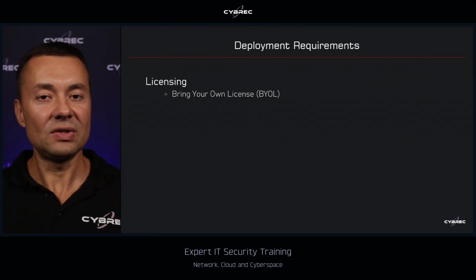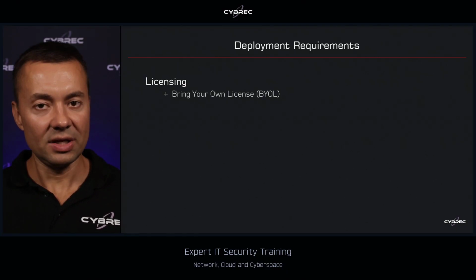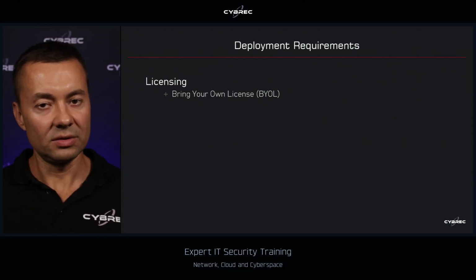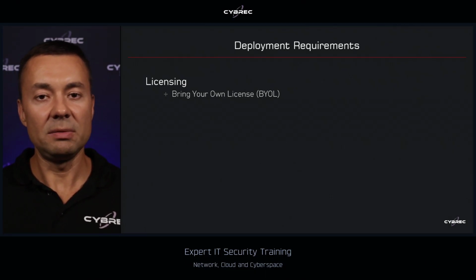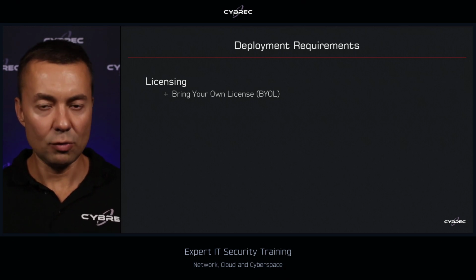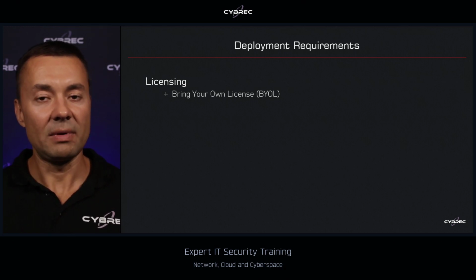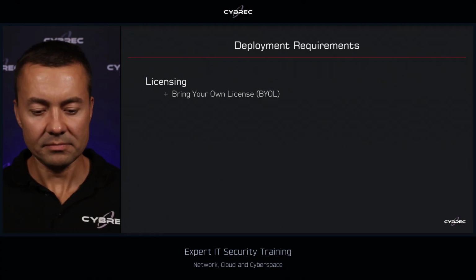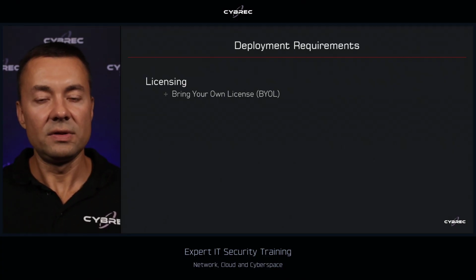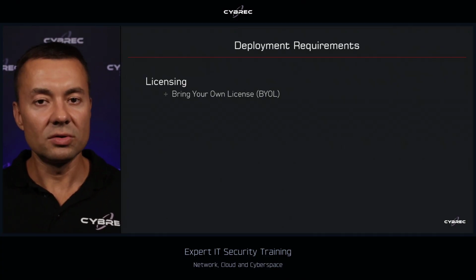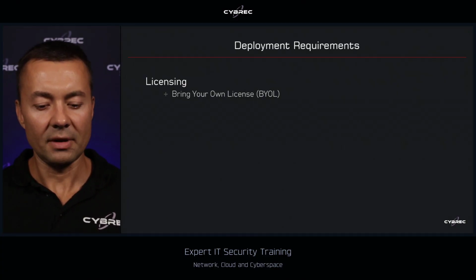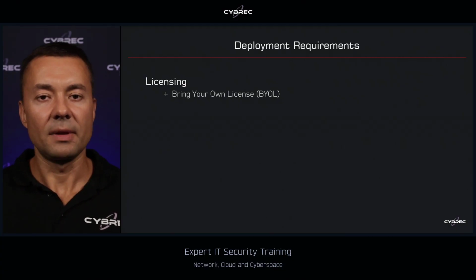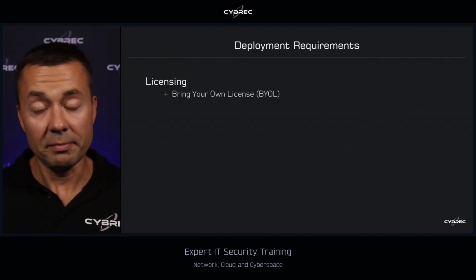The main advantage of the BYOL solution is that you will be able to deploy pretty much any single Palo Alto VM-Series image you want, regardless of the operating system version, regardless of the actual license that you will want to use for this image. This is all going to be controlled by your administrator or by yourself.